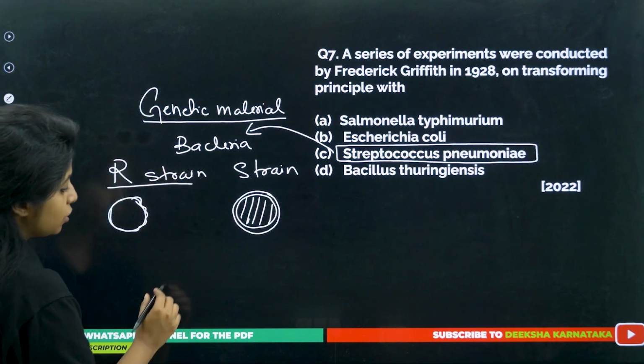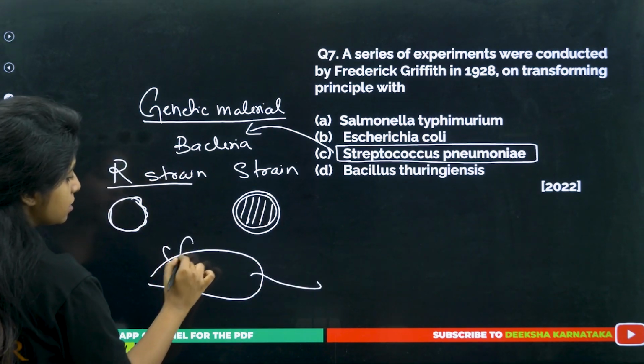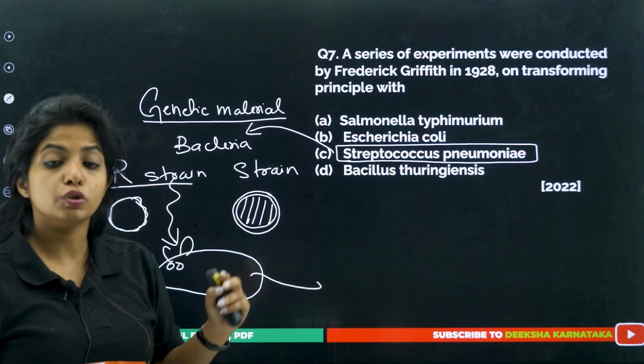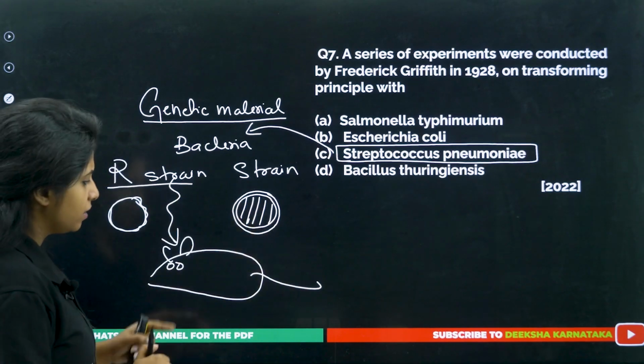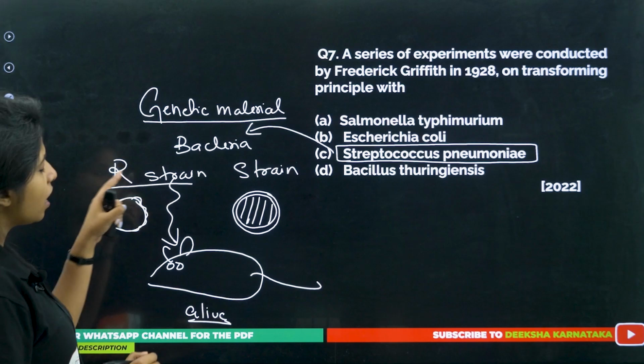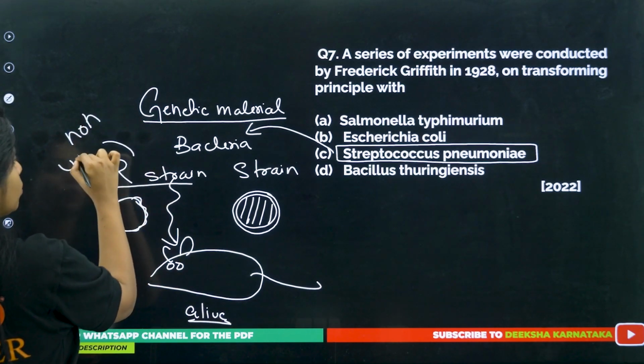Now what he did was, he took a mouse, and first he put in the R strain of Streptococcus pneumoniae, which is usually going to cause pneumonia. But this particular mouse was alive. So I can say that R strain is something that is not going to cause any trouble. It is non-virulent.